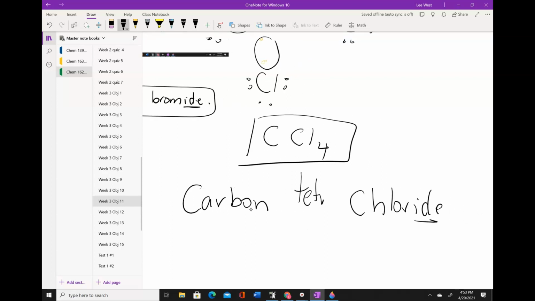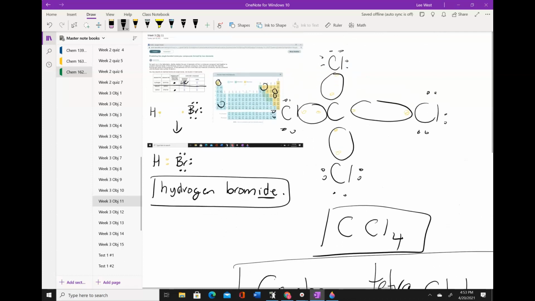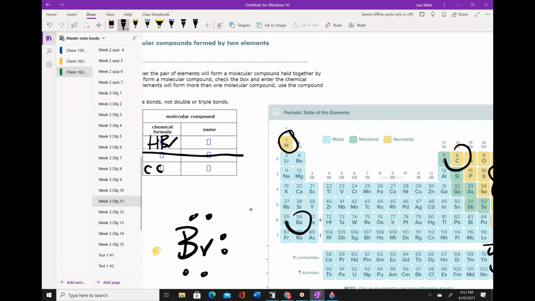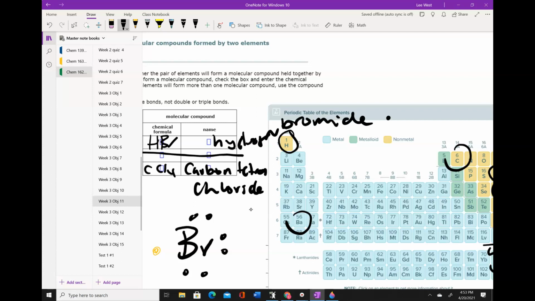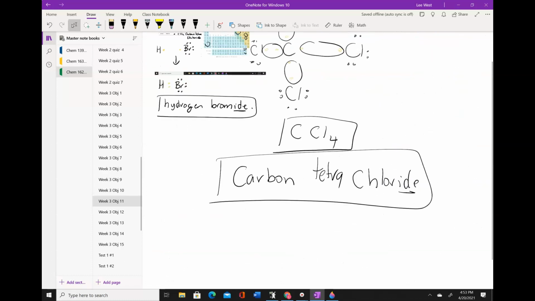So this is going to become carbon tetrachloride. So it is CCl4, carbon tetrachloride. And the first one was hydrogen bromide.